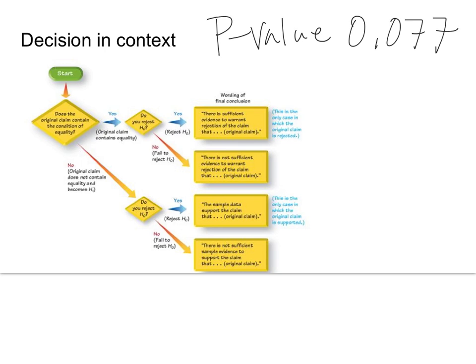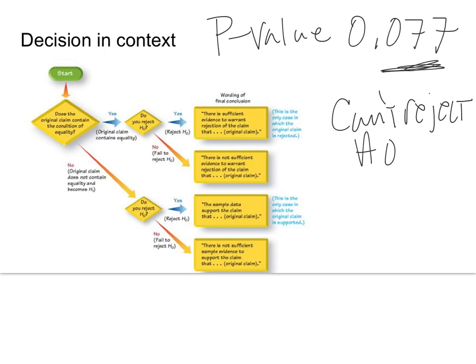Now I don't think they told us a level of significance with this problem. Oh, tested at the 0.01 level of significance. Well, this is much larger than 0.01, so we can't reject H0. H0 was the claim that the wait times were not less than 8 minutes.